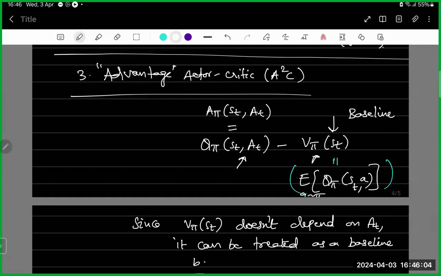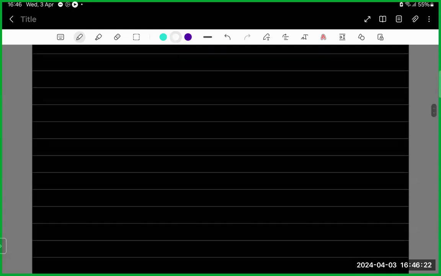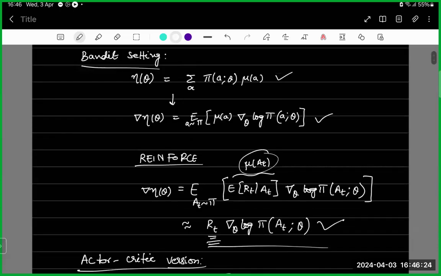So you can think of this as actor critic with baseline, right? Yeah, roughly, these are the concepts that we have for today.